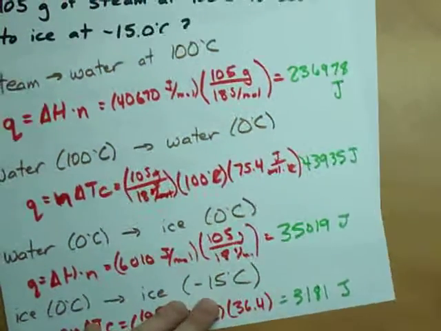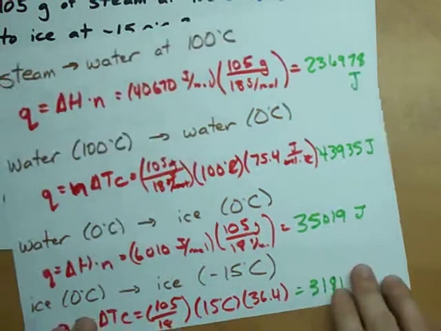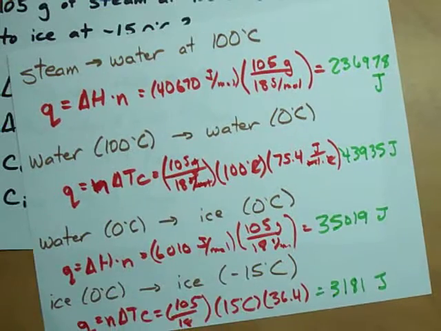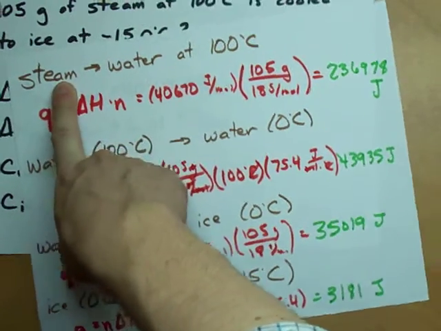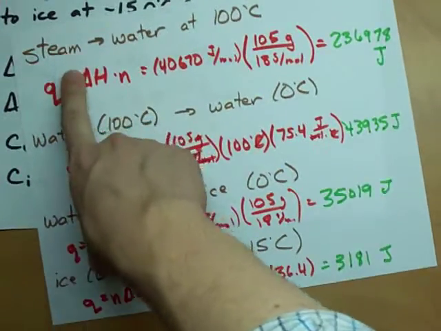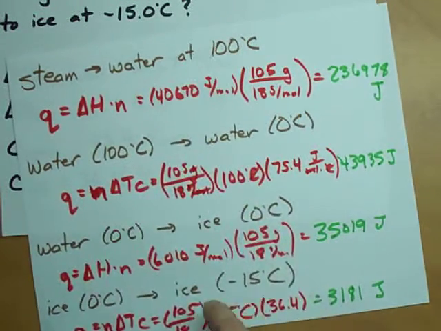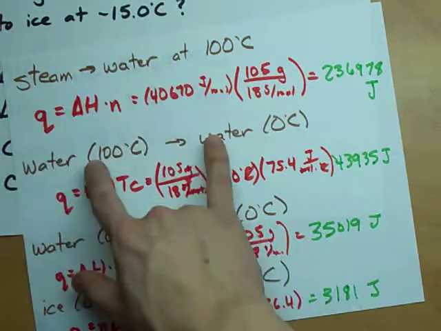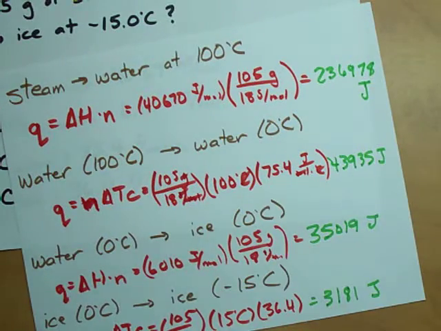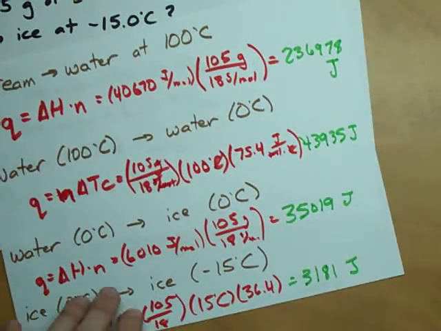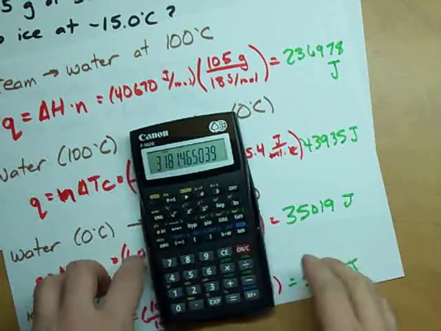All right, so now we have the number of joules released at each of these processes. So we're going from steam at 100 degrees Celsius down to ice at negative 15 degrees Celsius, and we've treated each state transition and temperature change separately. The total amount of heat released is simply the sum of all these.